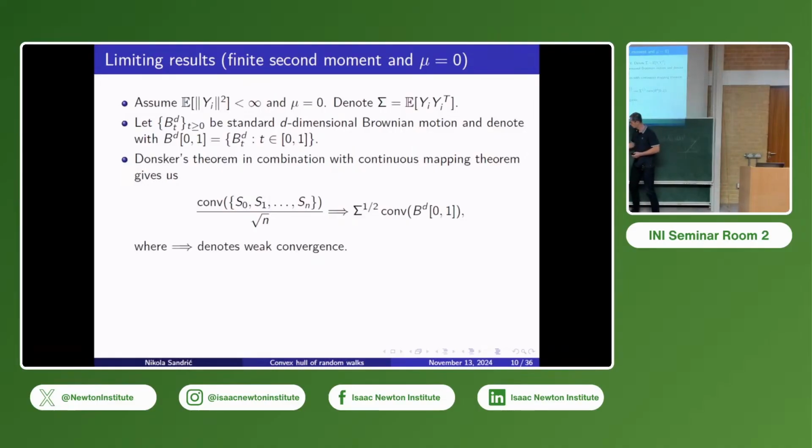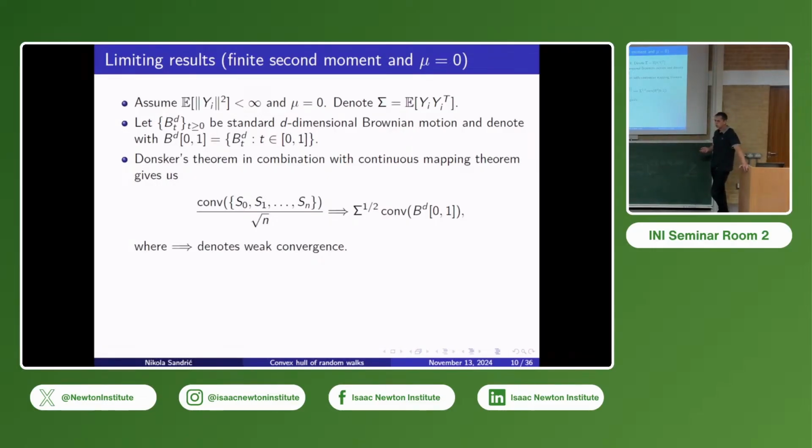This can be shown between the Skorohod space and our space K with the Hausdorff metric. So if we combine these two things, using Skorohod and continuous mapping, we conclude this convergence. It's very easy.